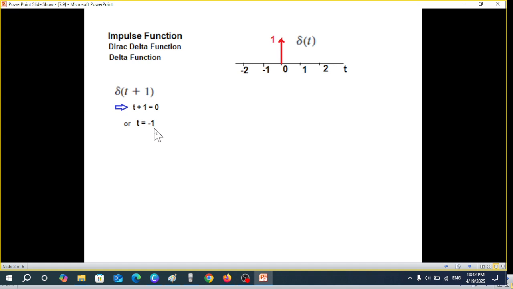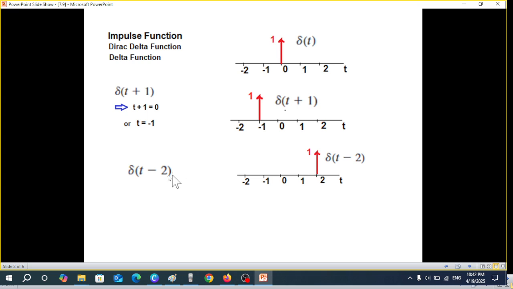That means the function has moved to point -1, so this is called delta(t+1). Similarly, if it is delta(t-2), that means t-2 equals 0, t equals 2, so the function has moved to time 2.